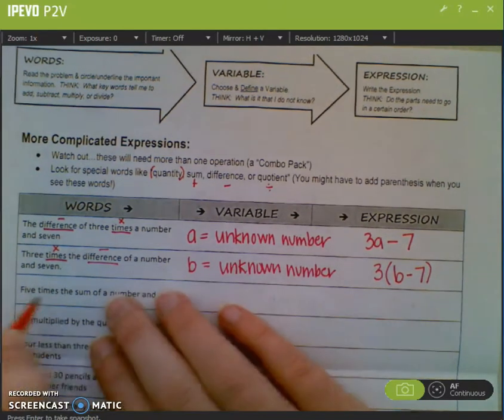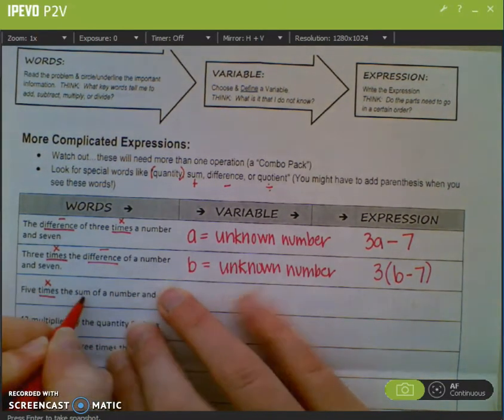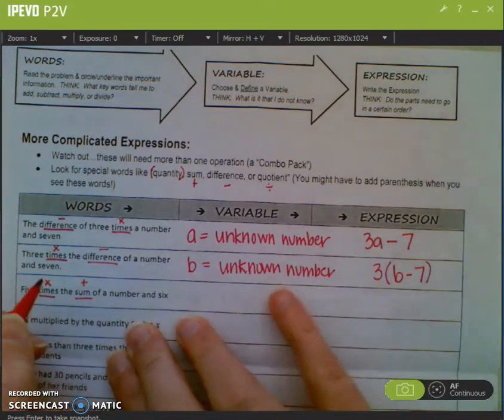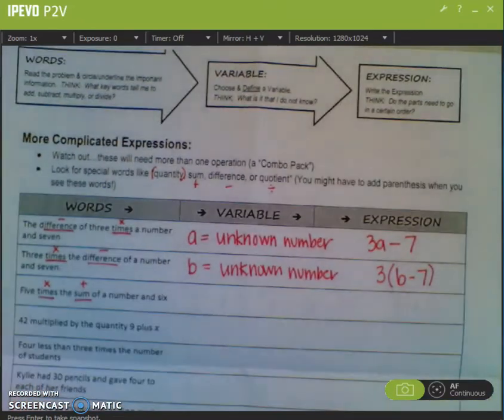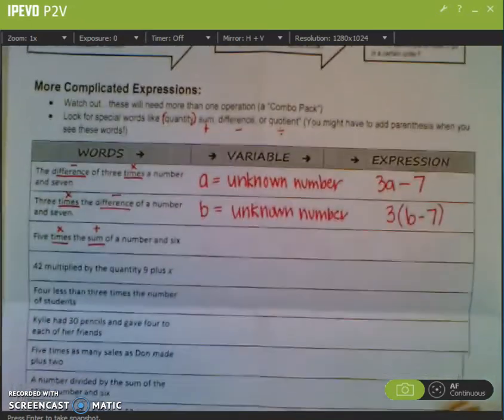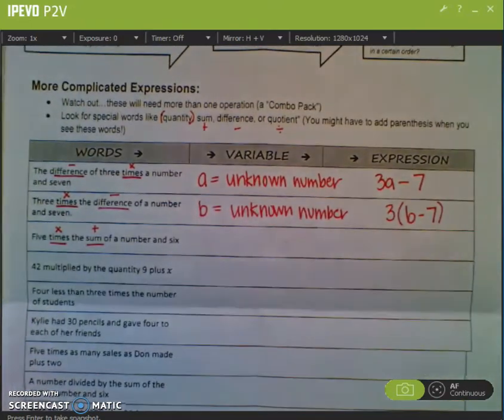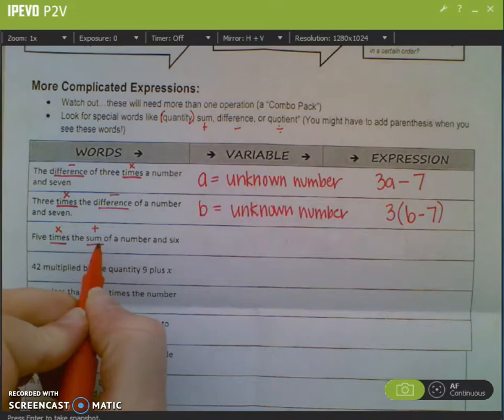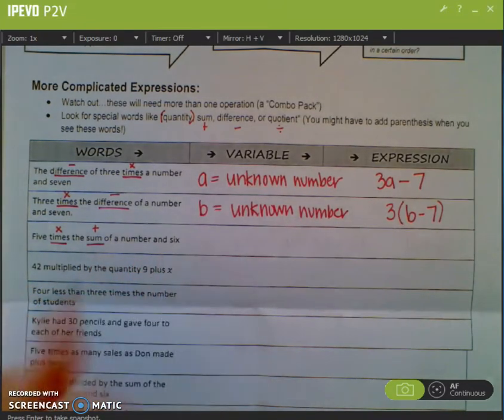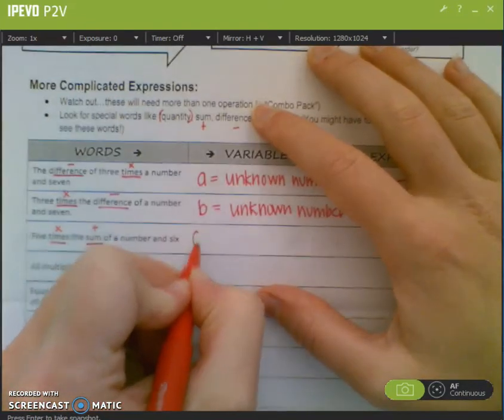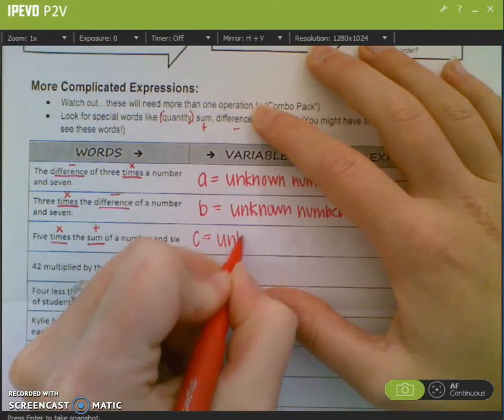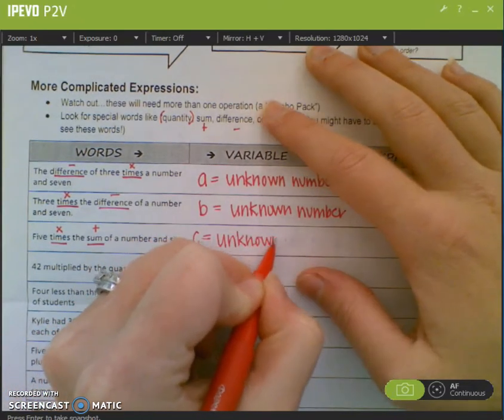It says 5 times the sum of a number and 6. I know that times means multiply and sum means to add. So 5 times the sum of a number and 6. So first I have to define my variable. C equals my unknown number.